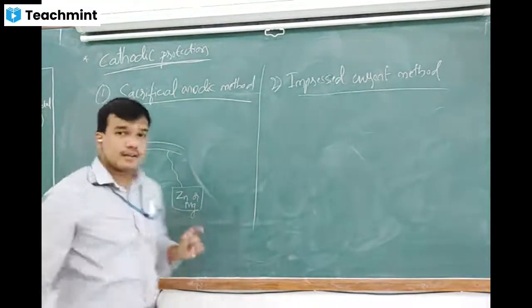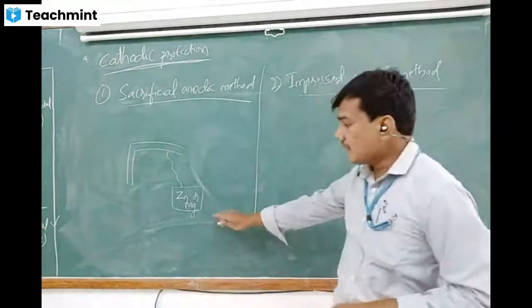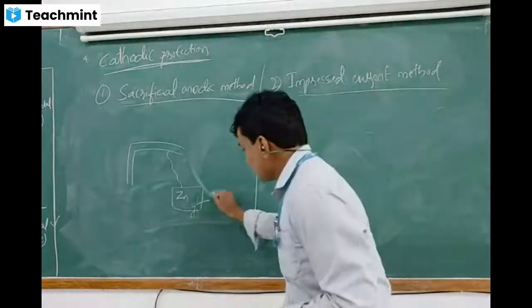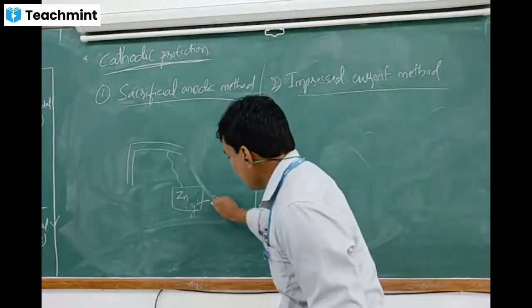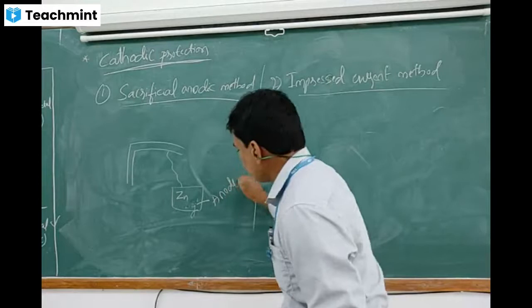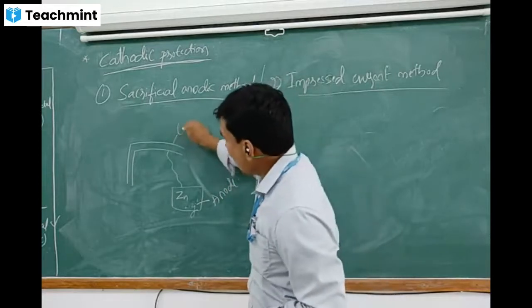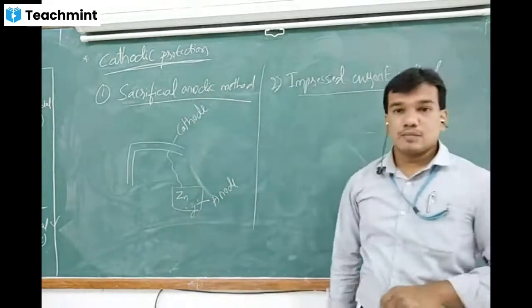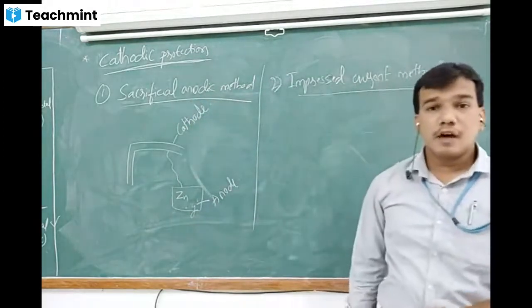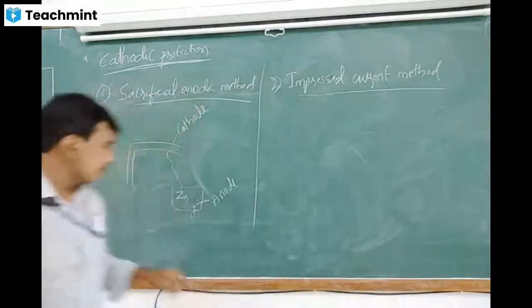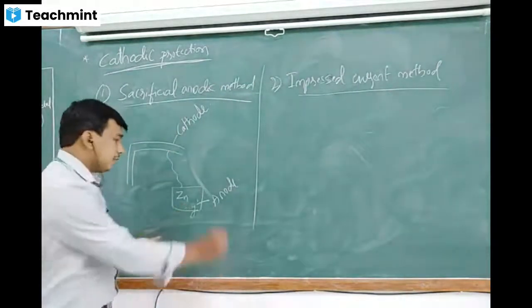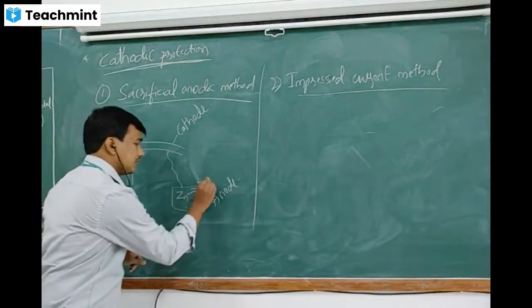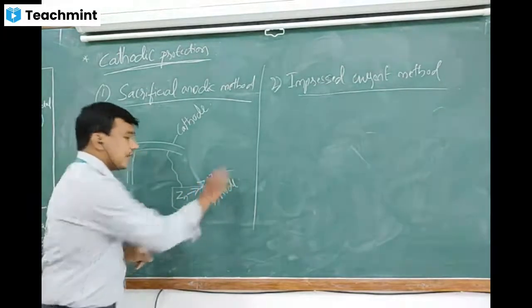Now you see which one acts as anode and which one acts as cathode here. The zinc or magnesium block acts as anode and the iron pipe acts as cathode. So where will the corrosion occur? The zinc metal undergoes oxidation to give Zn2+ and 2 electrons.